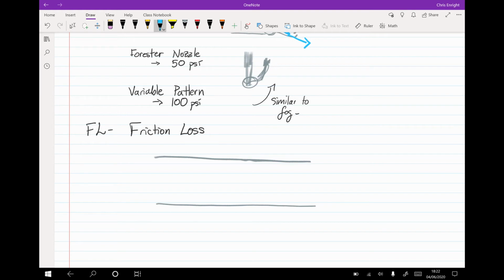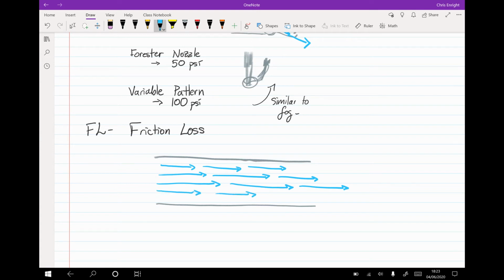So as water flows slowly, we get nice bands of flow like this. It's faster in the middle, slower on the outside. This is laminar flow.